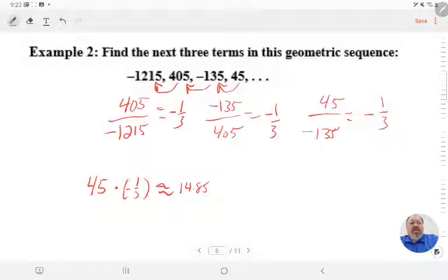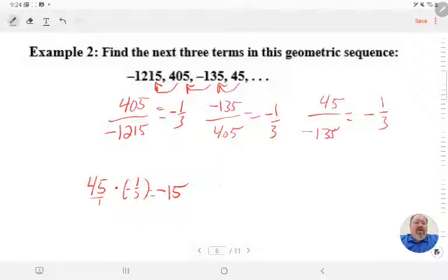Actually, if I leave it as a fraction and take 45 times negative 1/3, that's going to give me 45 over 3, and 45 over 3 is going to give me a negative 15.